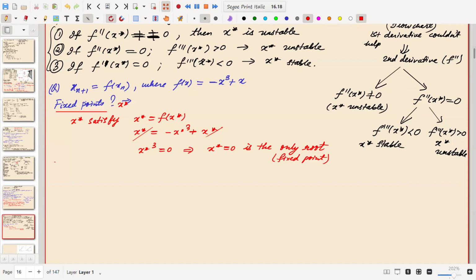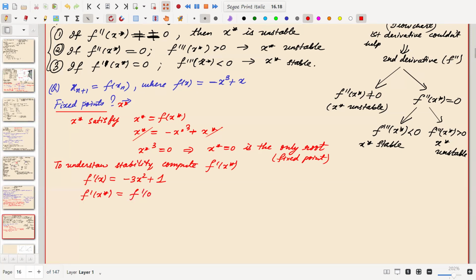To understand stability, what do you do? Compute the derivative. Compute f prime at x star. So what is f prime of x? F prime of x is this one. Agree? So what is f prime of x star?